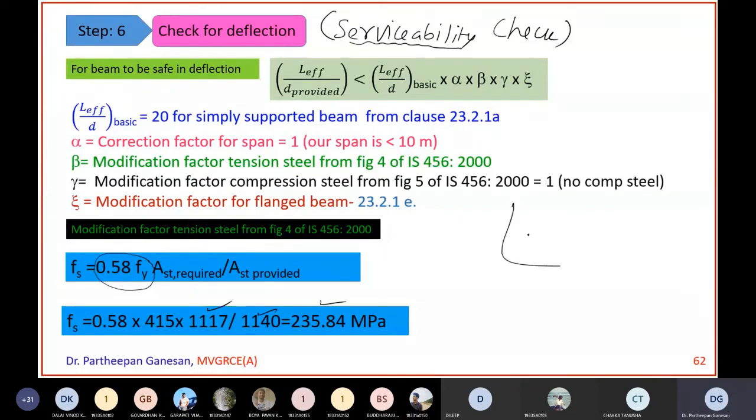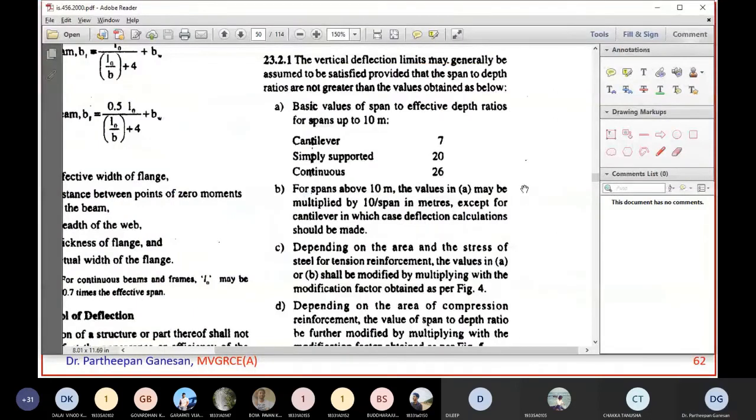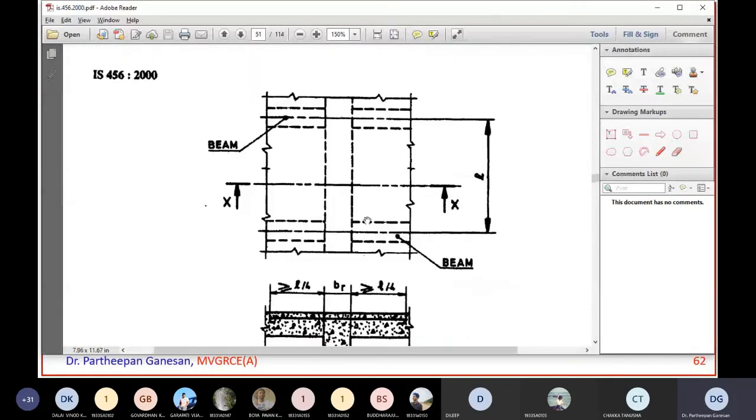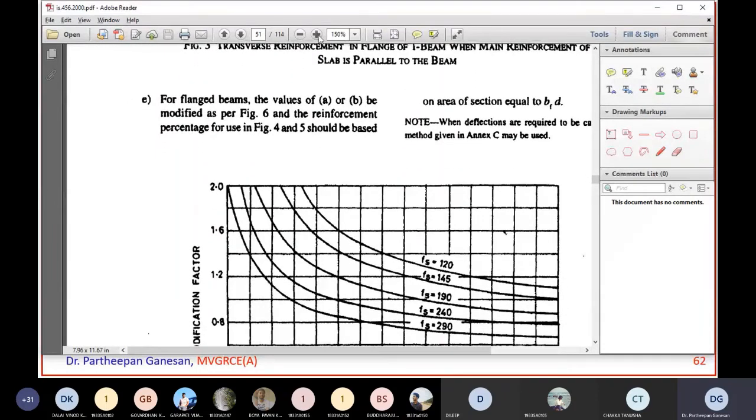In the graph we have the 240 curve, so 235.84 is close to that. Here I want to make one mention. For a flanged beam they have given one note. Are you all able to see this?